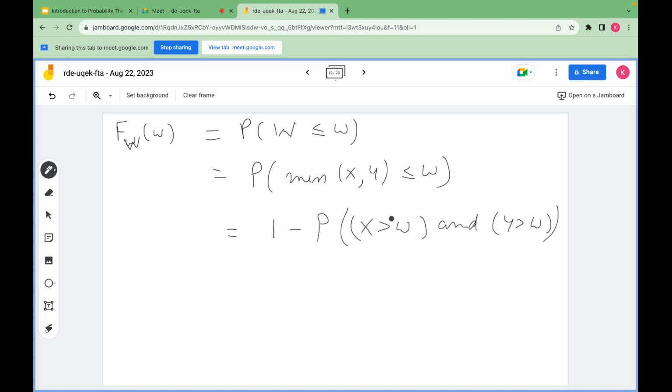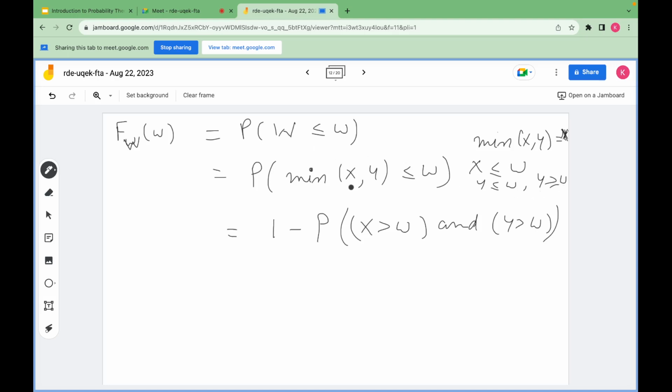So why 1 minus P? Because when we are taking the maximum, we just write it as x less than w and y less than w. But if the minimum of x comma y is less than w, let's suppose the minimum is x. If this x is less than w, then we cannot say that y is less than w. This y can or cannot be less than w; it can be greater than or equal to w also.